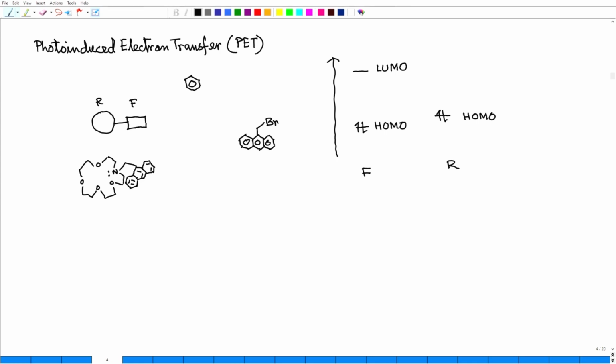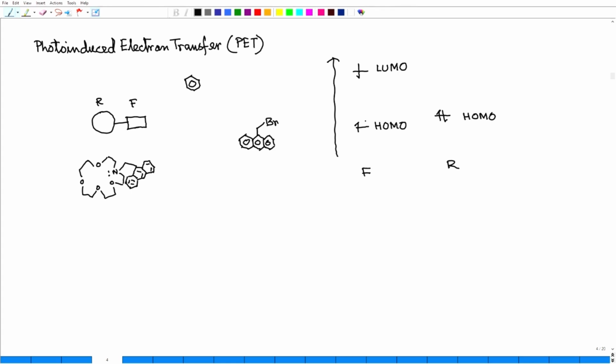Okay. Once you excite it, what will happen? One electron goes from here to here after absorbing the energy with which I have excited the fluorophore. So, this side is empty; the HOMO cannot become singly occupied.